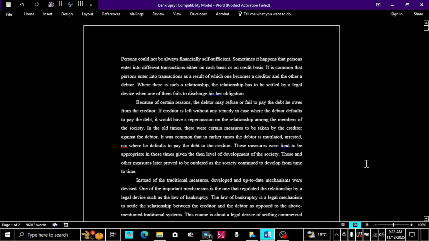Page 1. So as I said, pressing Insert plus down arrow key will read us the entire document from page 1 to the last page of the document.